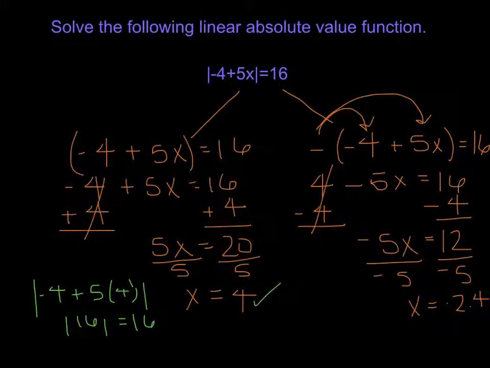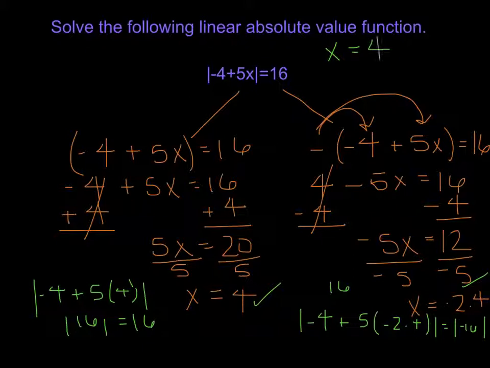And the second solution was negative 2.4, so the absolute value of negative 4 plus 5 times negative 2.4, 5 times negative 2.4 is negative 12, and negative 12 plus negative 4 is negative 16, and the absolute value of negative 16 is 16, so that also checks out. So the solutions to absolute value of negative 4 plus 5x equals 16: x equals 4 satisfies that, and x equals negative 2.4.